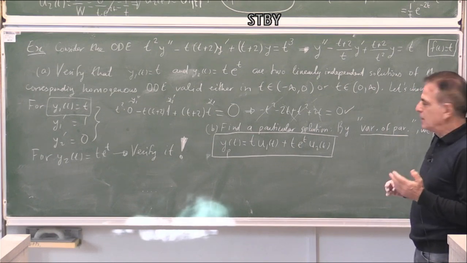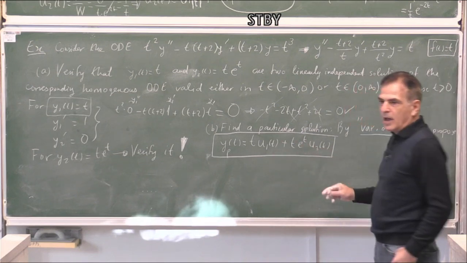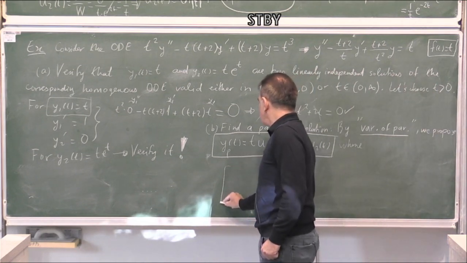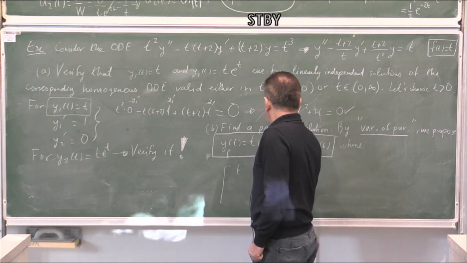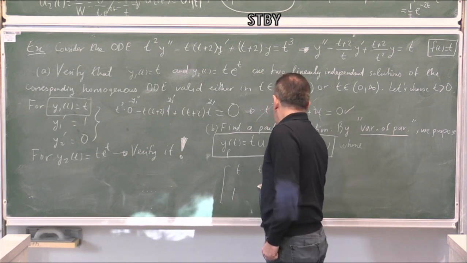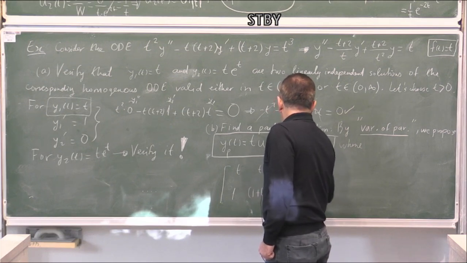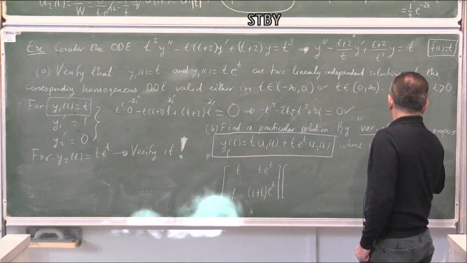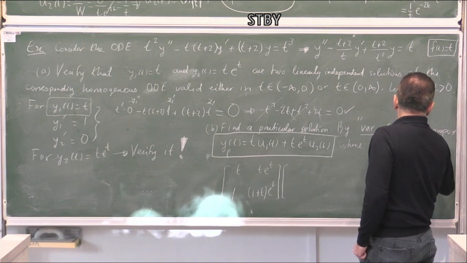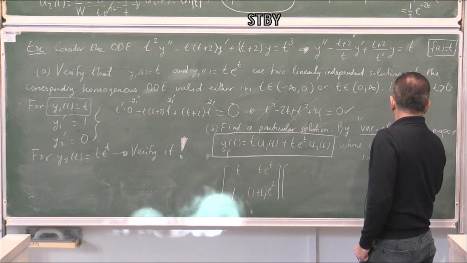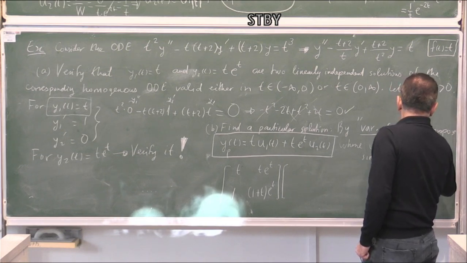What is known? u1 prime and u2 prime satisfy this system, where the system has t, t e to power t, 1, 1 plus t e to power t, and u1 prime and u2 prime satisfy it simultaneously.